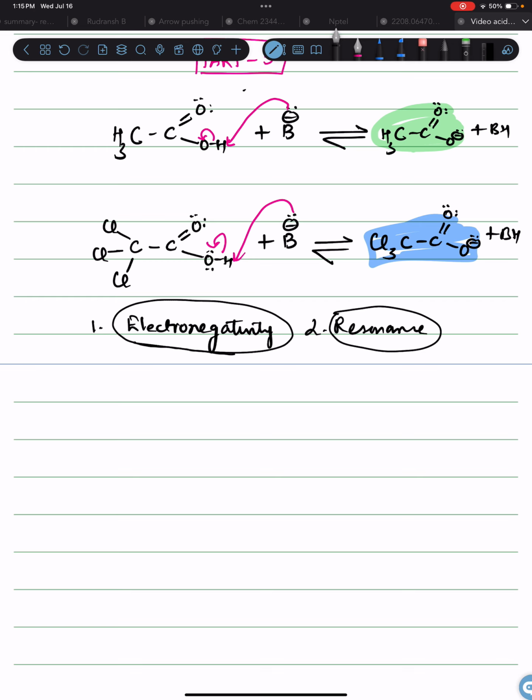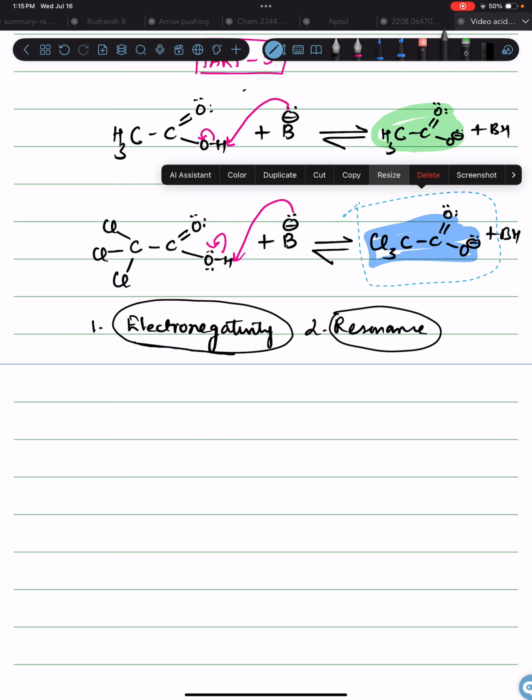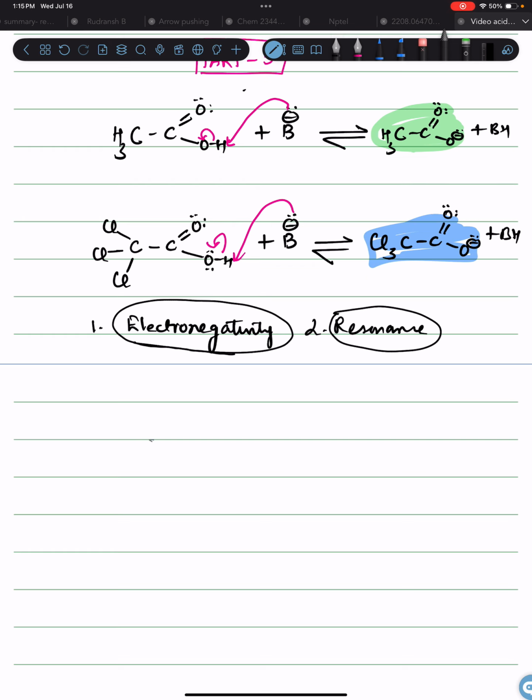If I look at the one highlighted in blue, if I just copy that and put it here, there are three chlorines connected to a carbon, and that carbon is further connected to the carbon that is connected to the negatively charged oxygen.